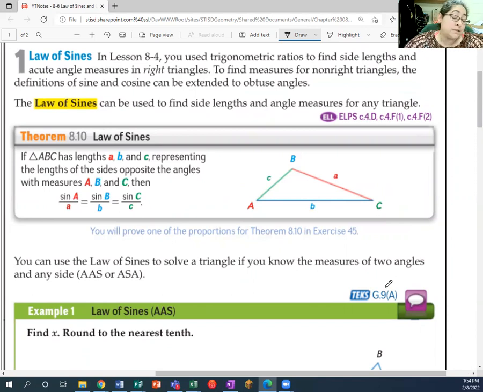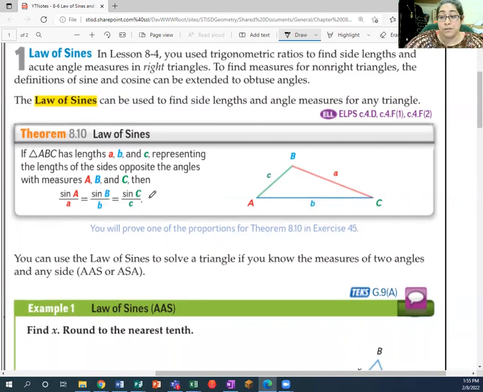And basically what this law is giving us is that the sine of one of the angles in a ratio to the side opposite that angle is going to be in proportion for all those other ratios. So the ratio of the sine of one angle to its side is equal to the ratio of the sine of another angle to its side, and so forth.